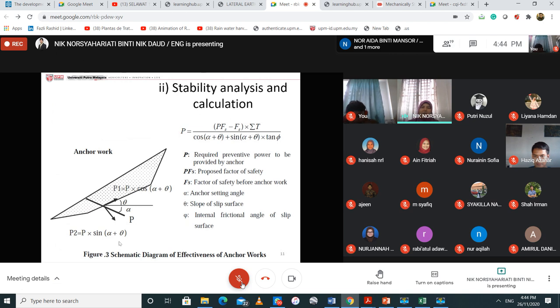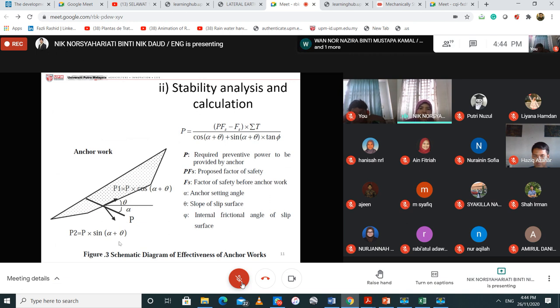There's one basic equation, which is here you want to check the power of the anchors. So for the power of anchors ni, it relate to the factor of safety yang you nak kena refer, of course. Bukan kata design without reference anything, yeah.